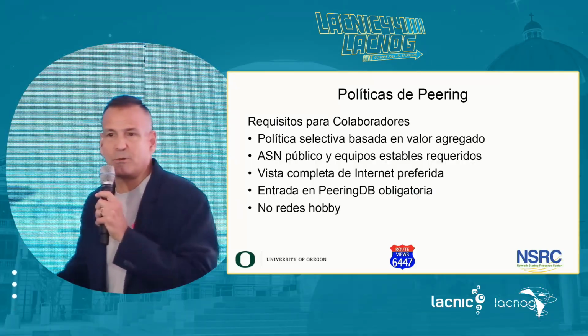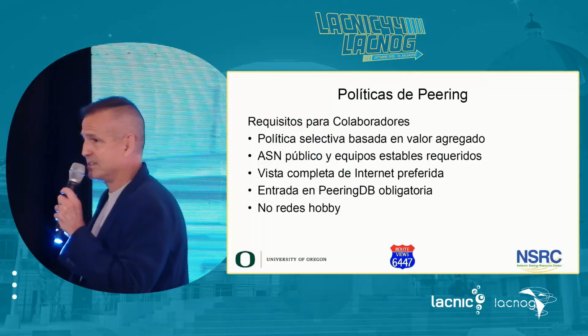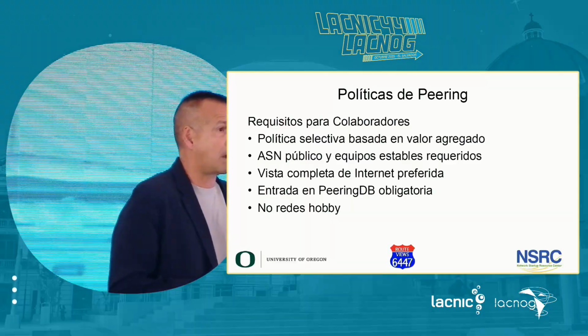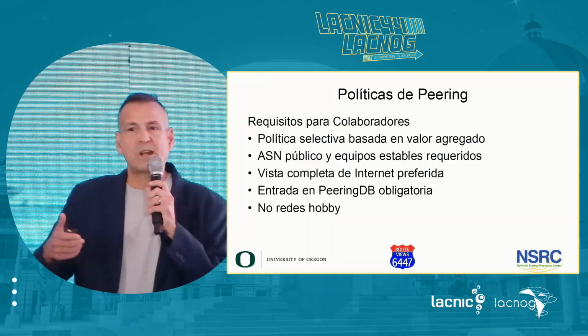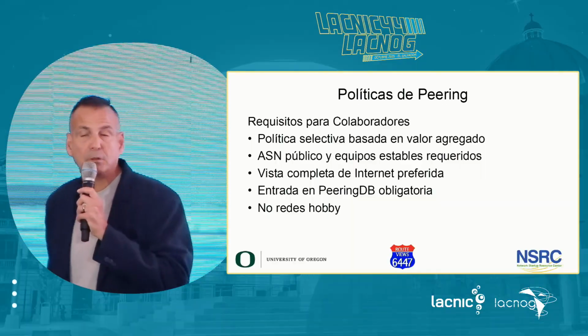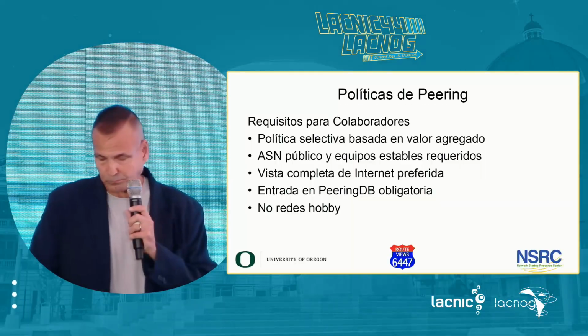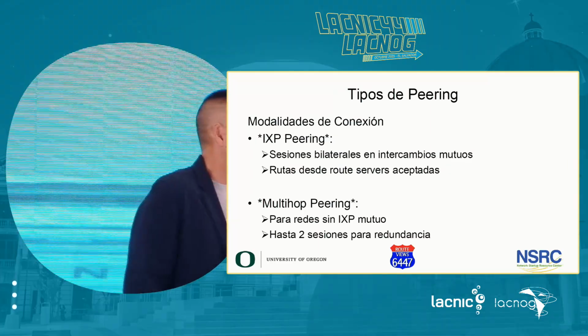And we don't want hobby networks. We don't want people just joining a collector because they're running it from the kitchen at home. We want to have a community where having a collector up and running assures a set number of years of operation or a stable operation in the future.